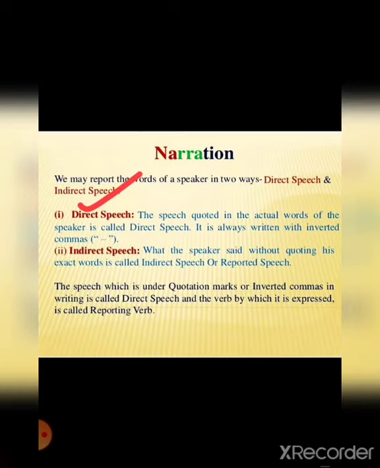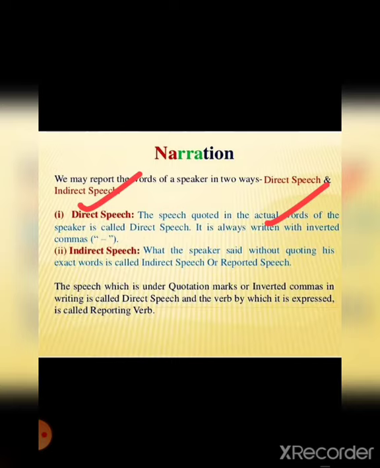So whenever you see that the sentence is written within inverted commas, that means the exact words of the speaker are given over there. Okay, that means this is direct speech. That's why inverted commas are given.